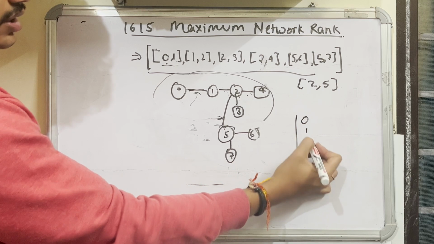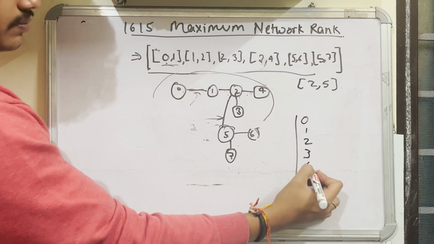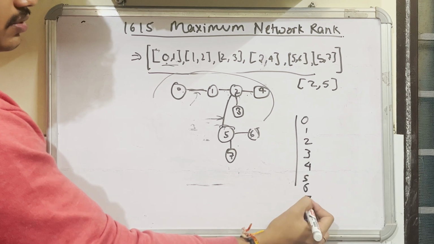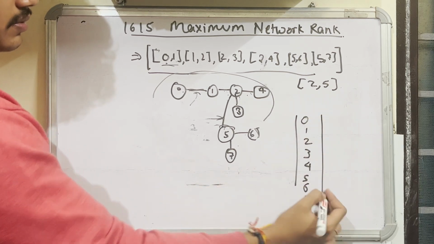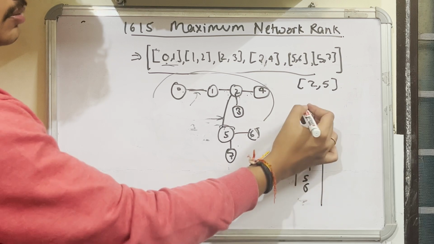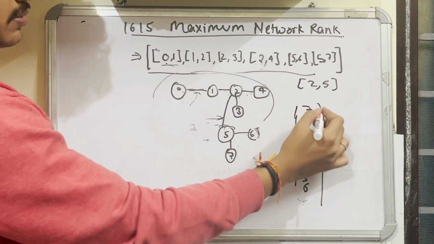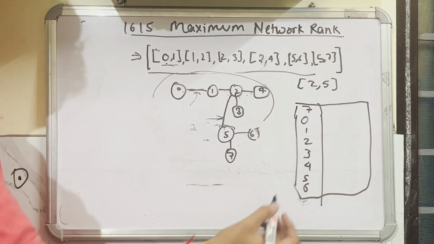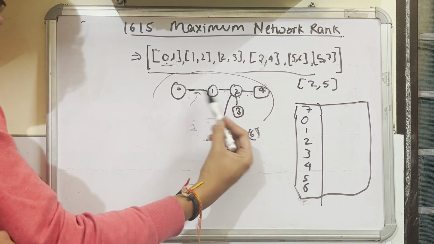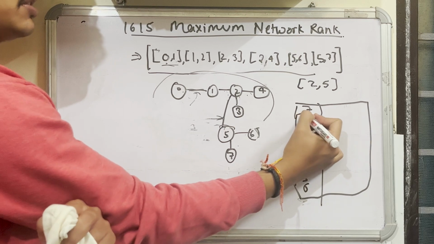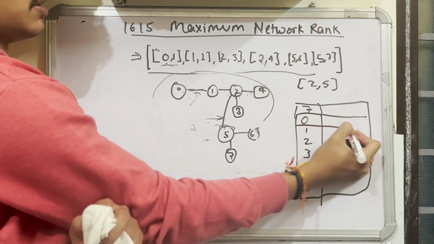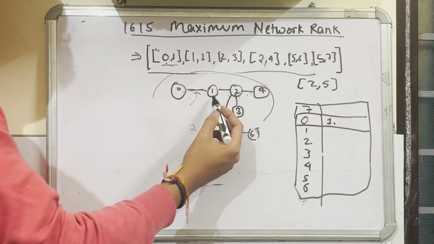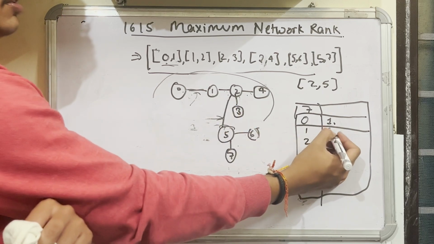We will write all the cities, and 7 also. Okay, we'll write 7 on the top because I hope this is visible. So city 0 is connected to 1, we'll insert 1 in this. City 1 is connected with 0 and 2, so insert 0 comma 2.